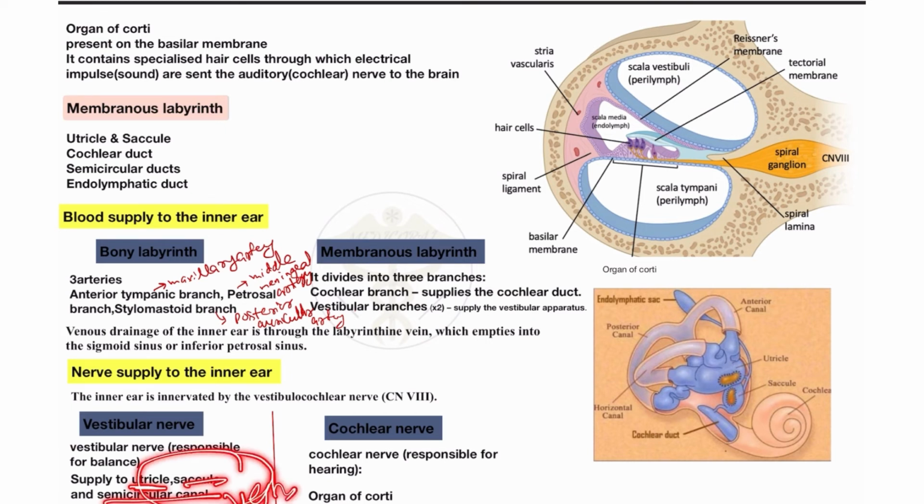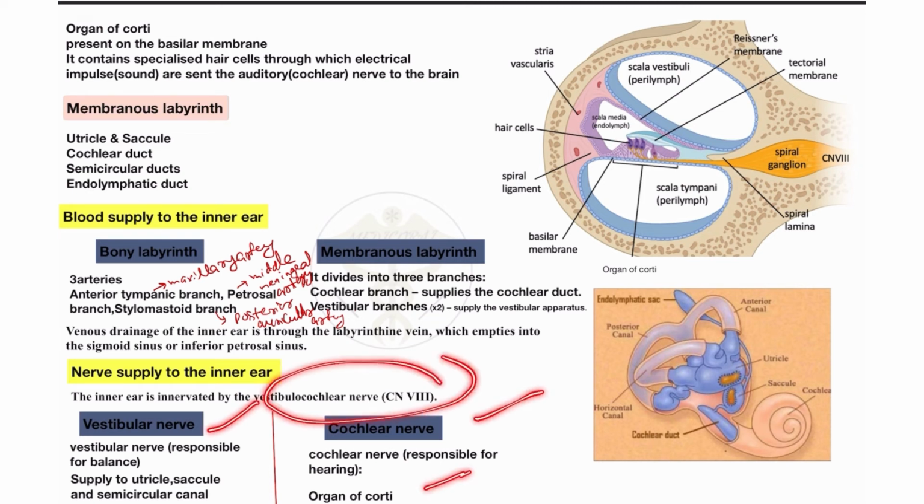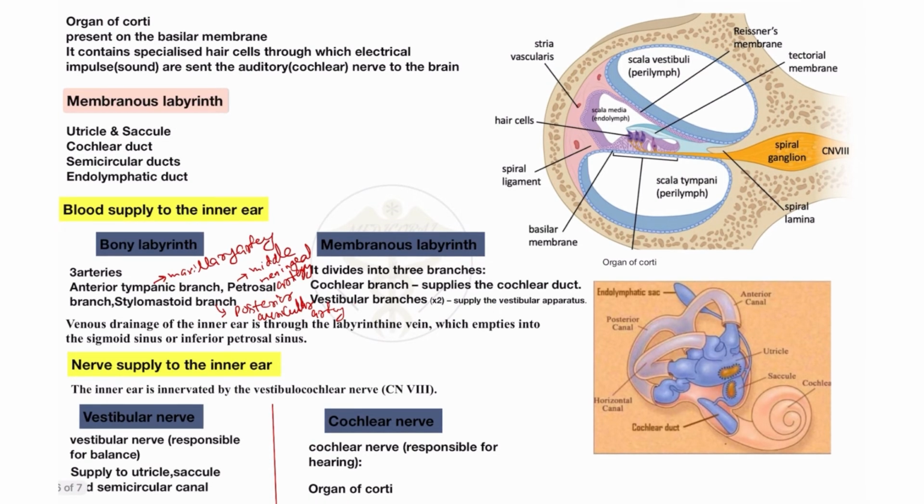The cochlear nerve supplies the organ of Corti, which is the hearing organ, and the cochlear part. So this is the difference: one nerve with two different branches, the vestibular nerve and the cochlear nerve, which supply different parts. So you now understand the blood supply and nerve supply of the inner ear.